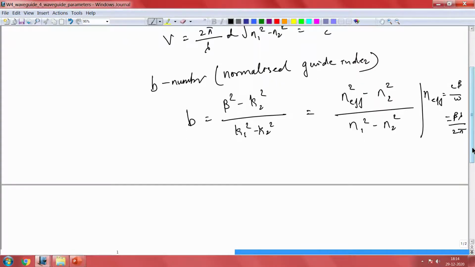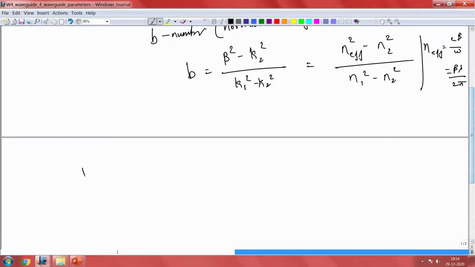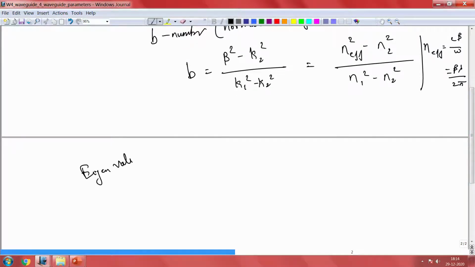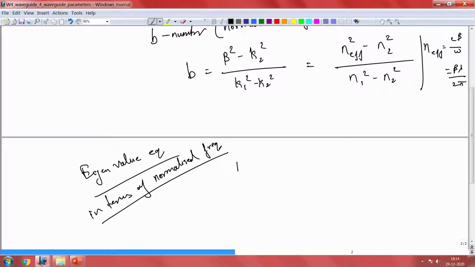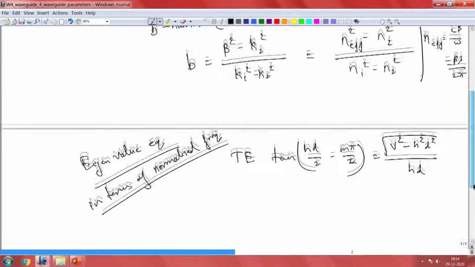The way to get that is by equating this. The eigenvalue equation in terms of normalized frequency, for a TE waveguide, is given by tan of (hd/2 minus m pi/2) equal to root of (V squared minus h squared d squared) divided by hd, and this is for TE.